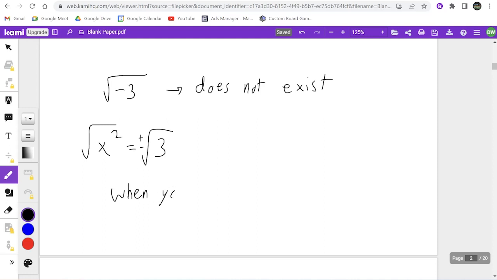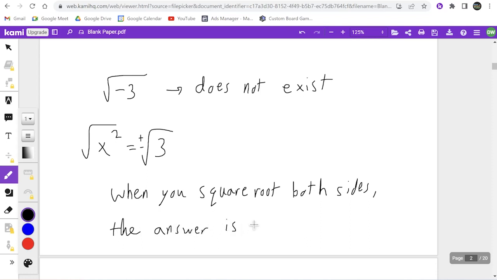When you square root both sides, the answer is plus or minus, we say. And we need to remember that.